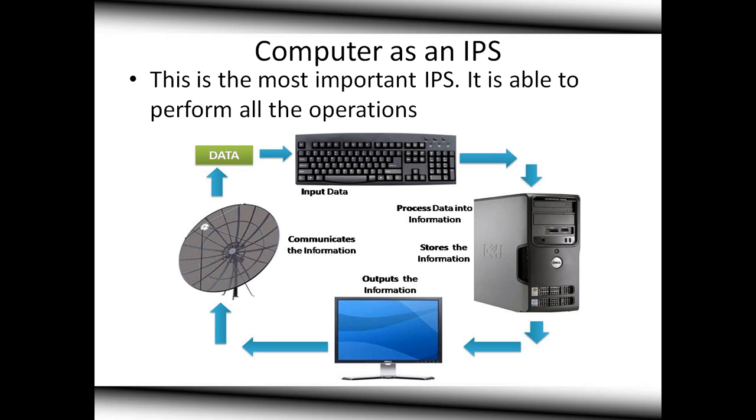Inside your system unit you have storage and then the processing being done here. Then once they are done, it is displayed for you to see here on your screen.